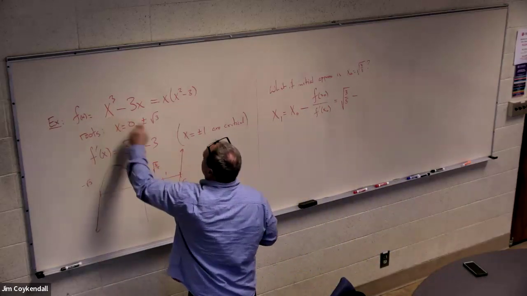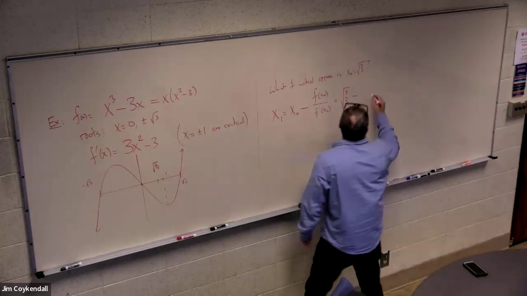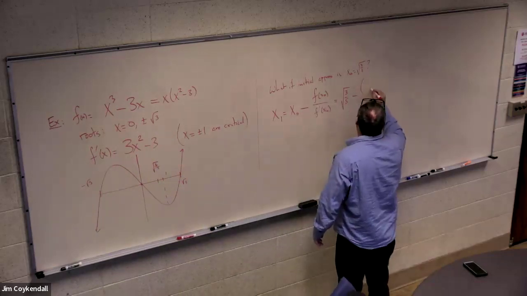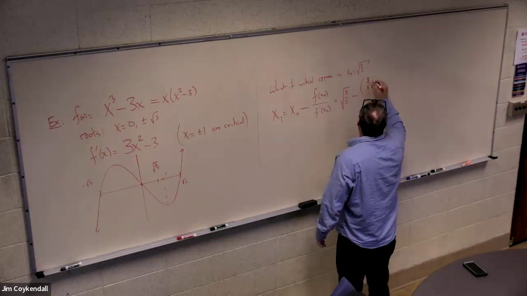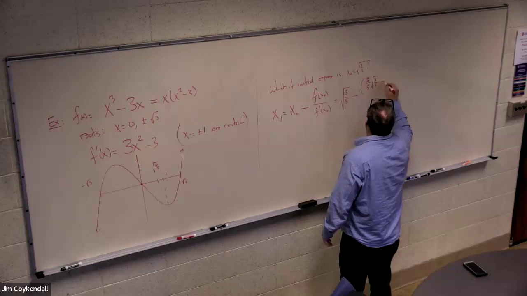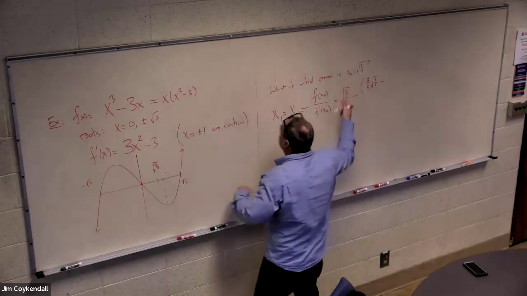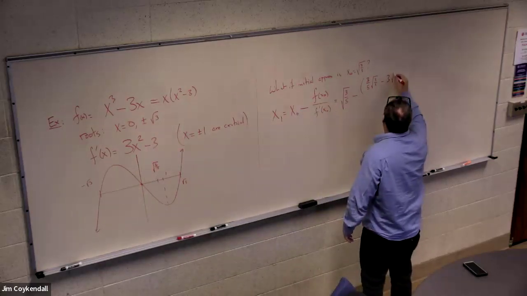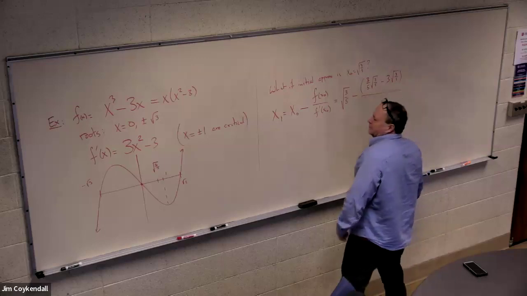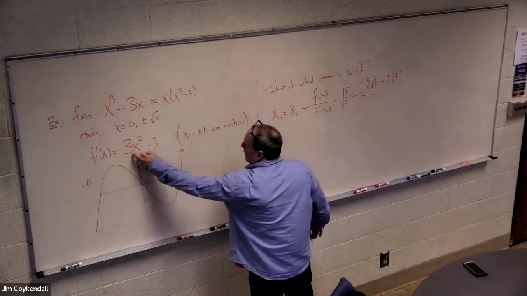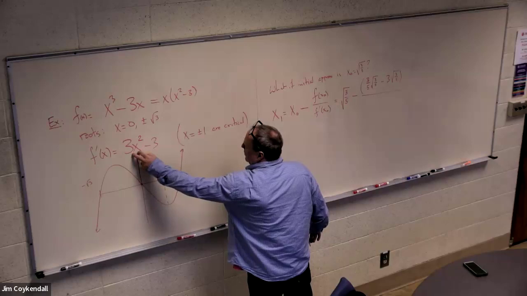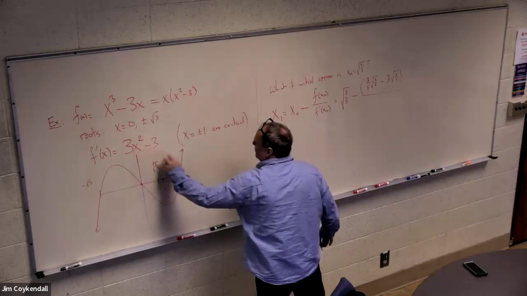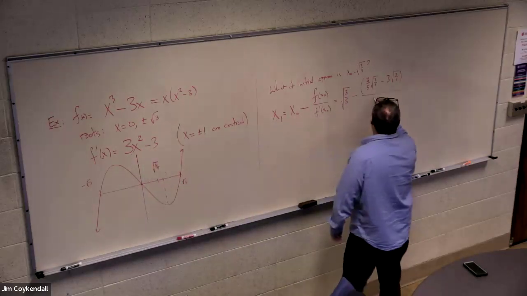So if I cube this, it's going to be 3/5 square root of 3/5. That's from cubing this thing. Minus 3 times the square root of 3/5 over. Let's see, when I square 3/5, so that's going to be 9/5 minus 3/5 minus.